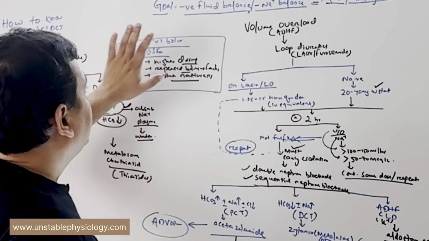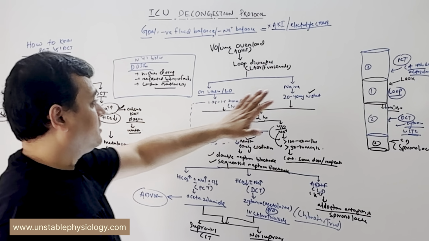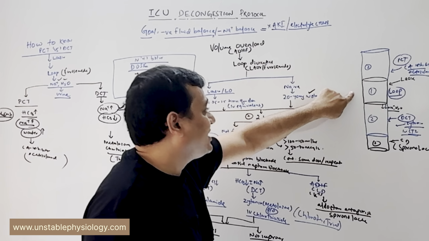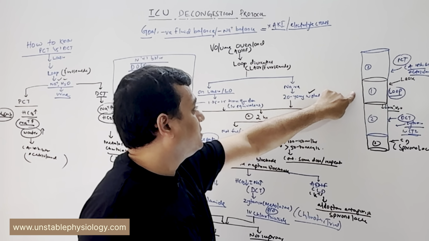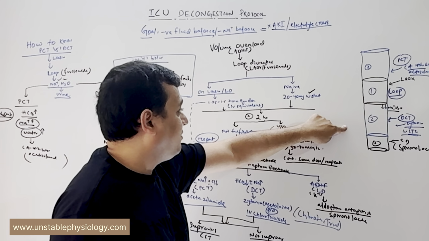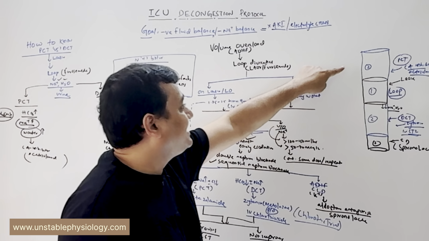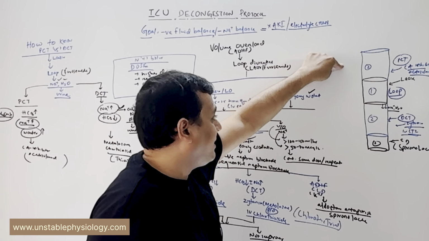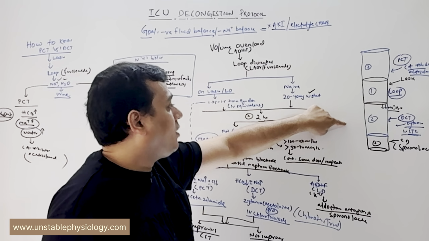So this is how the ICU decongestion protocol works: you first give the loop diuretic. The dose is different for naive and chronic users. If it is working, it's fine. You can reuse it, you can increase the dose. If it is not working, based on the BMP, bicarbonate and sodium level, you select whether the PCT needs to be blocked or the DCT needs to be blocked. Accordingly, you give acetazolamide or IV thiazide.